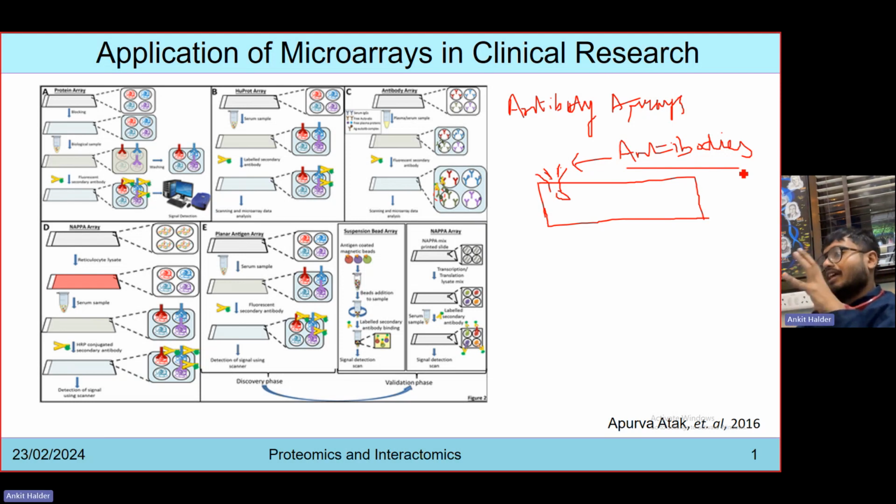So these are your antibodies that are printed.